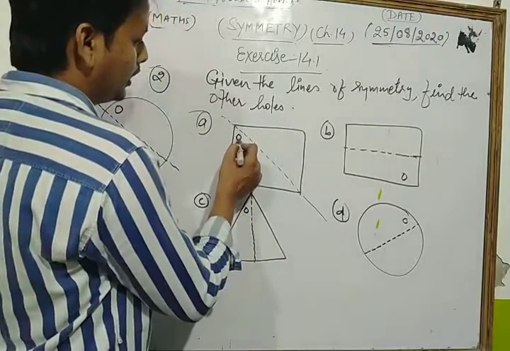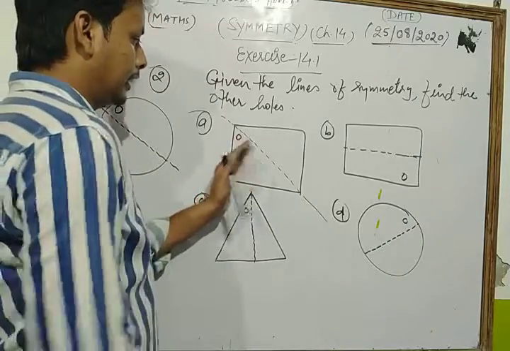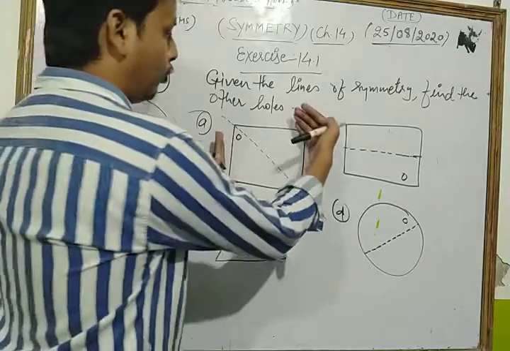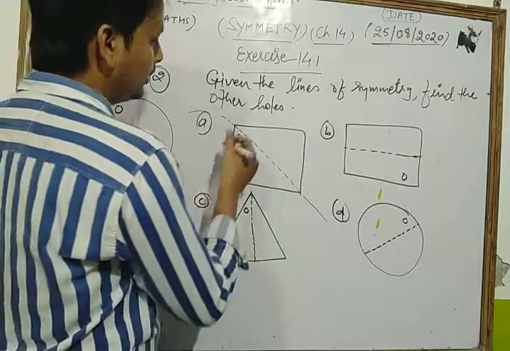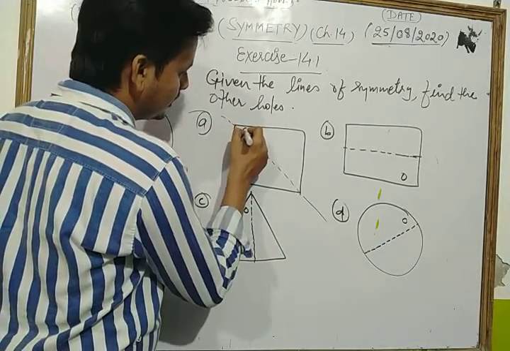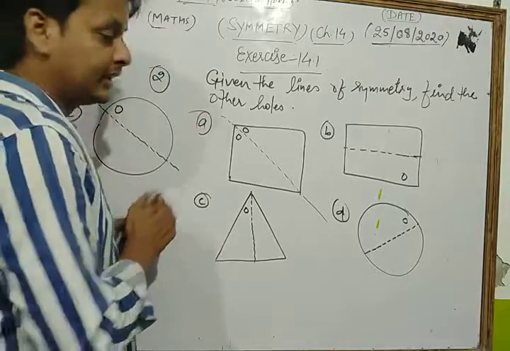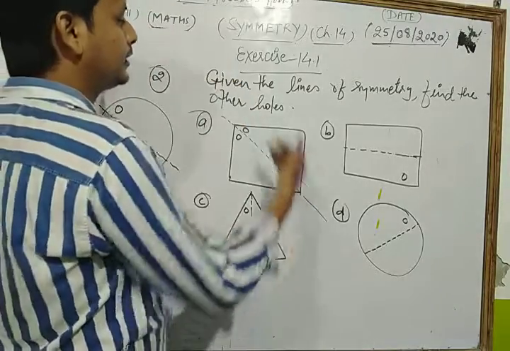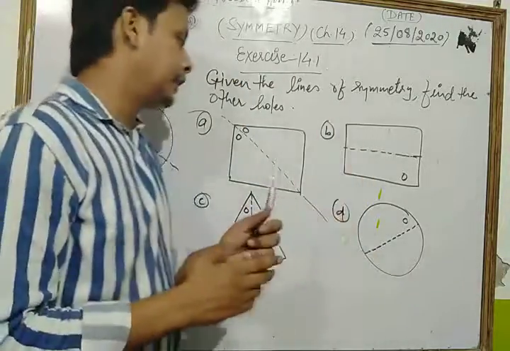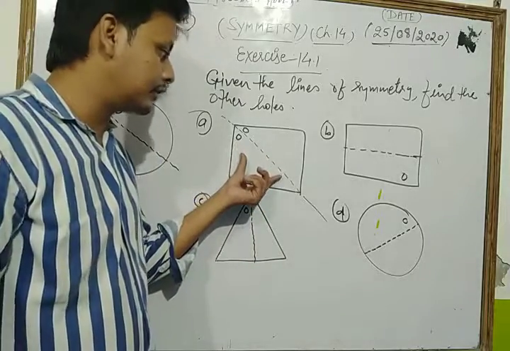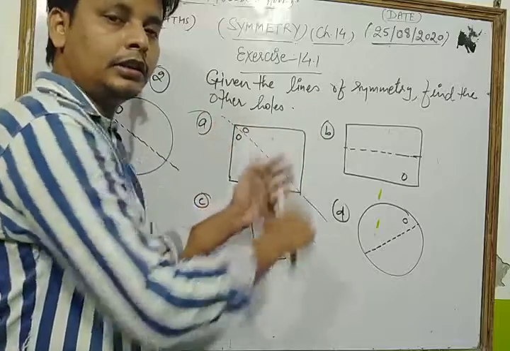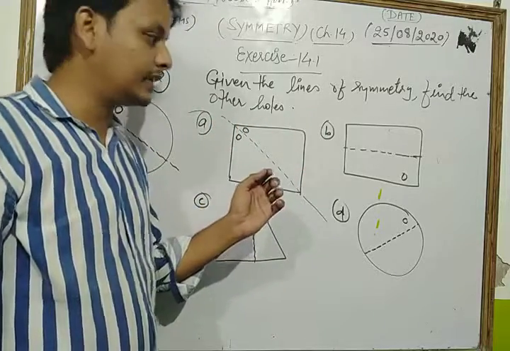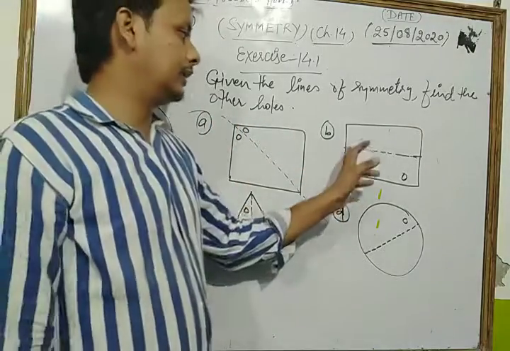Now let's see, dear students, if the figure is folded along the line of symmetry, then the other hole takes that position. It divides the given figure into two equal parts. If we fold the figure along its line of symmetry, then each part is superposed on the other. Similarly, here is the line of symmetry.